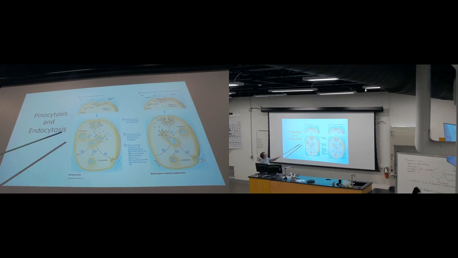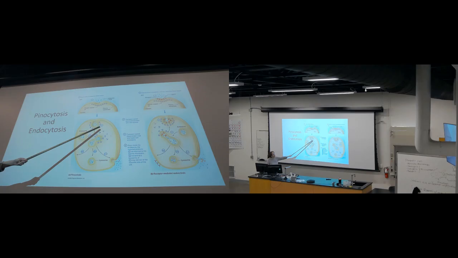And then if it's molecules in the extracellular fluid, you can ingest them together with the extracellular fluid. You form what is called an endosome. And then this is a protein-coated pit.